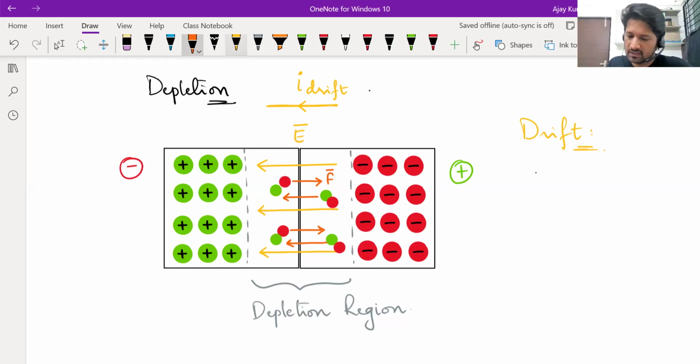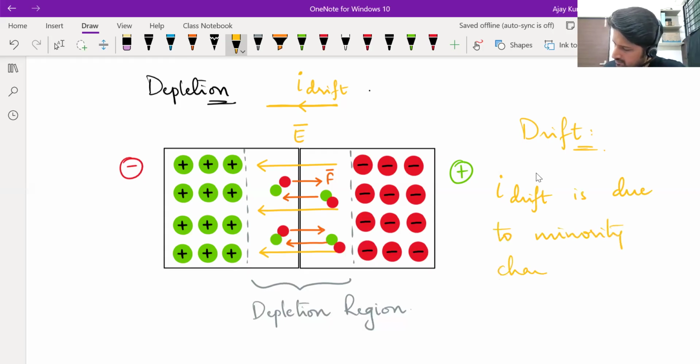So basically, you can understand that drift current is due to minority charge carriers. If there are any electrons on the p side, they will be brought to the n side. But on the p side, electrons are minority. p is p because positively charged holes are majority.